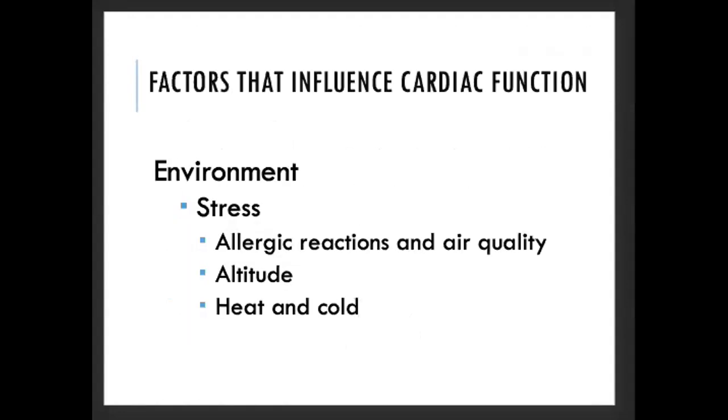Some environmental factors. Again, when that sympathetic nervous system starts to fight because we're having a stress response, we're going to release catecholamines. The more catecholamines we have, the more we're going to have an increased heart rate. We're going to be changing our contractility. We're going to have some vasoconstriction going on, and we're going to have an increased risk for blood clots at this point.